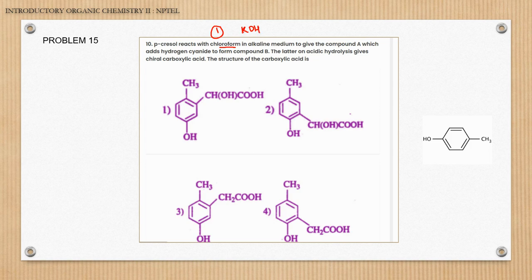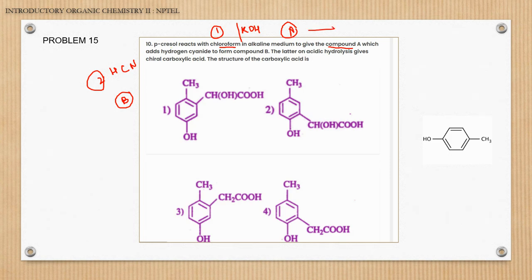So basically you have CHCl3 in presence of KOH in the first step, and it is giving you a compound A. In the second step they will add hydrogen cyanide to give you compound B. So this is what you have to identify.